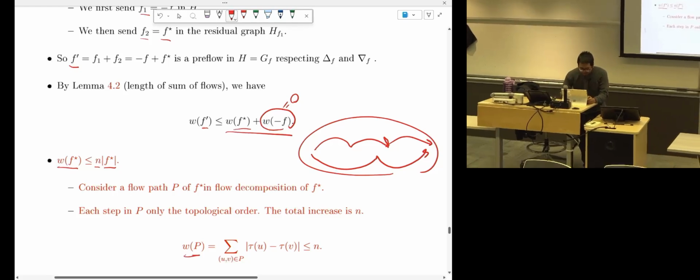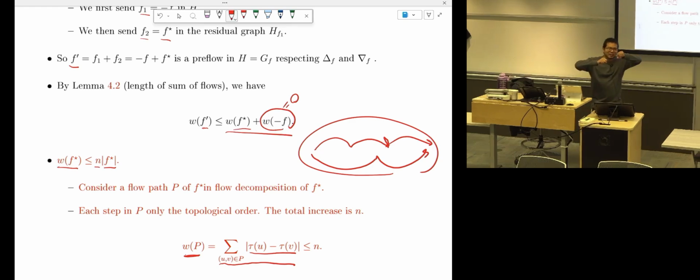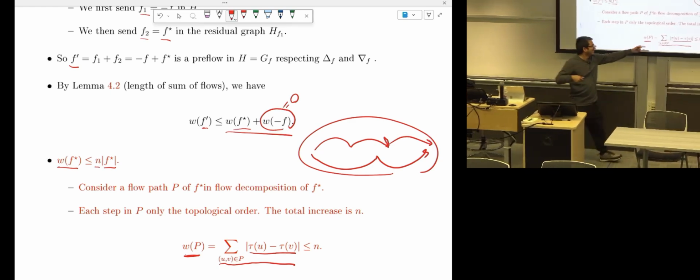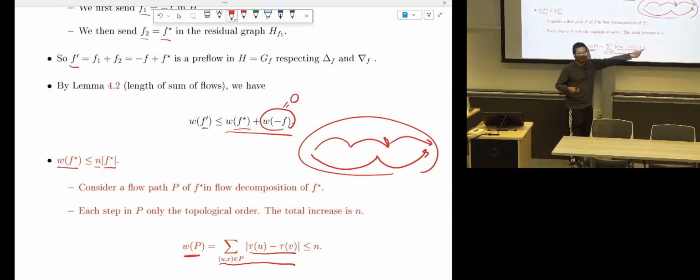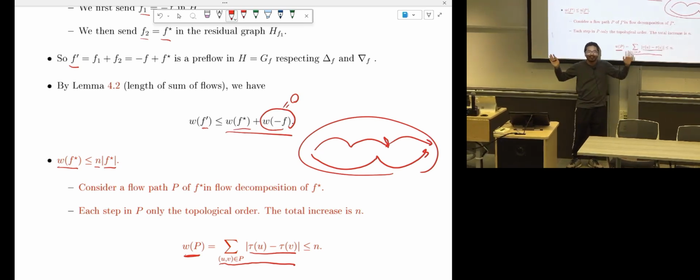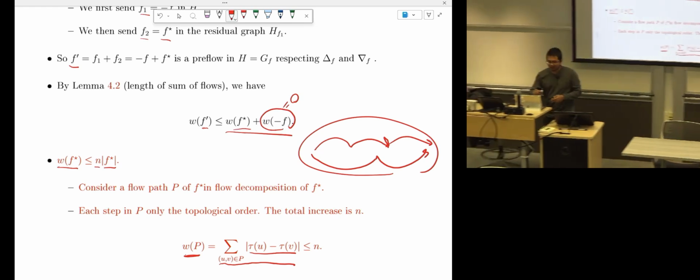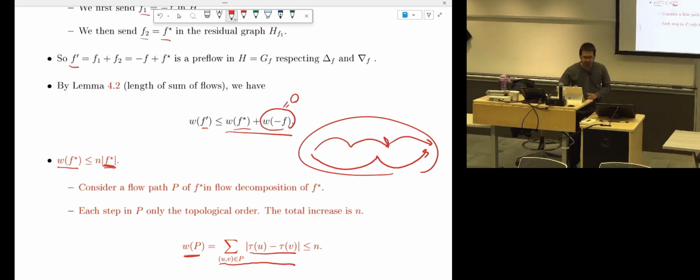And that corresponds to the weight, right? The weight of this path is just the sum of the weights of this forward path here. It's just a sum of these differences in topological ordering. This is at most n. So with this weight function, some edges can be long, but every path has weight at most n. There are this many paths at most.